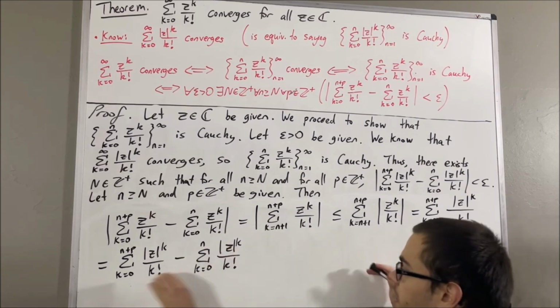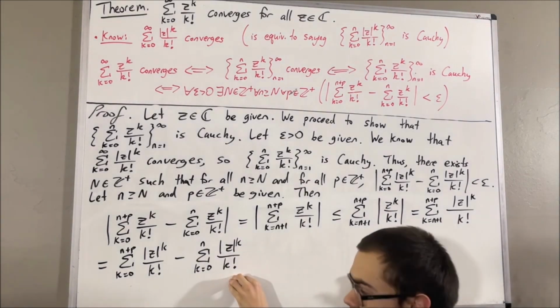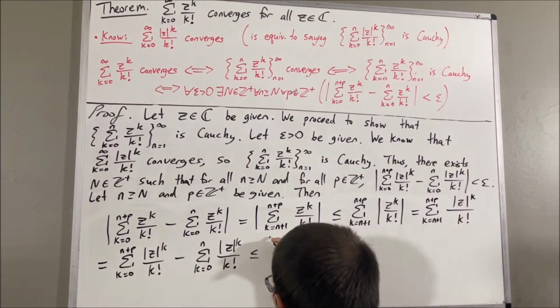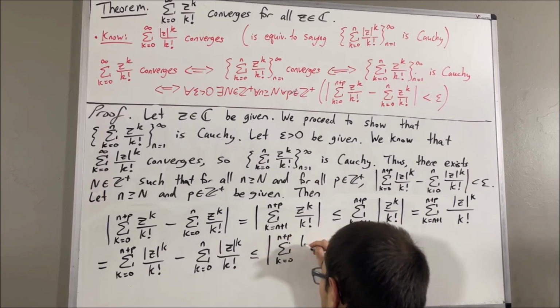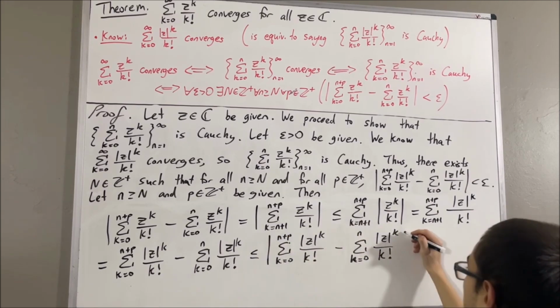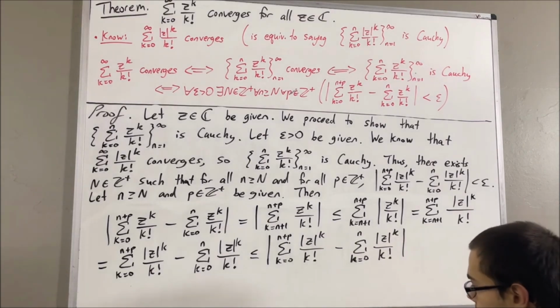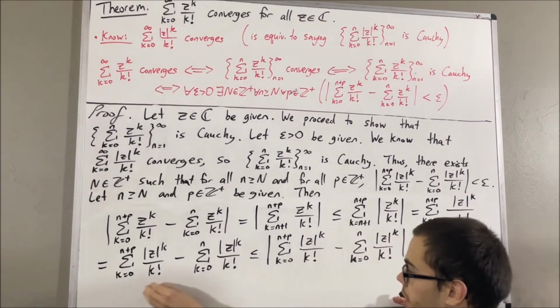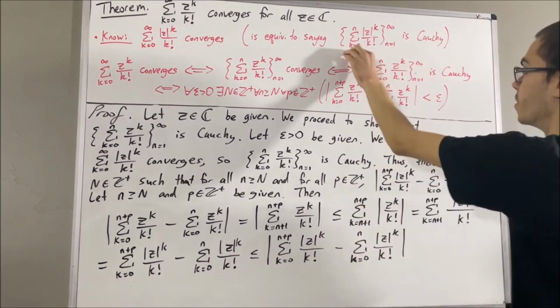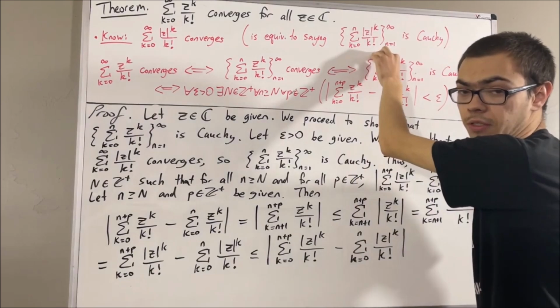But remember, this is a real number, and every real number is less than or equal to its absolute value. Right, just like that. In fact, this guy is actually equal to its absolute value because this sequence is an increasing sequence, right?